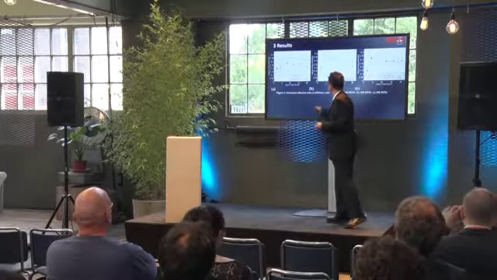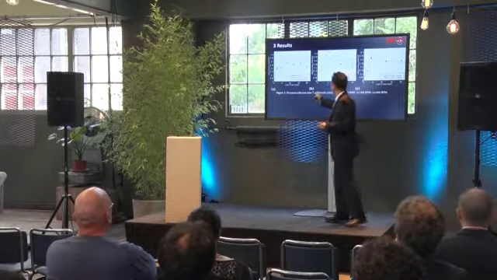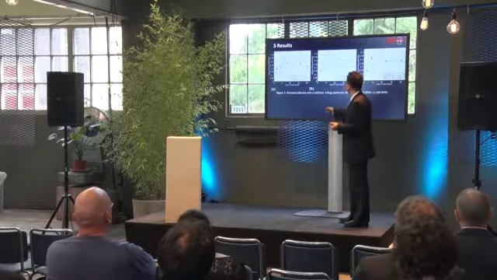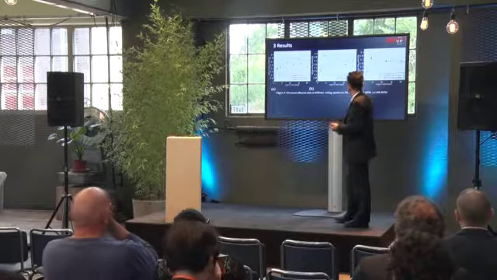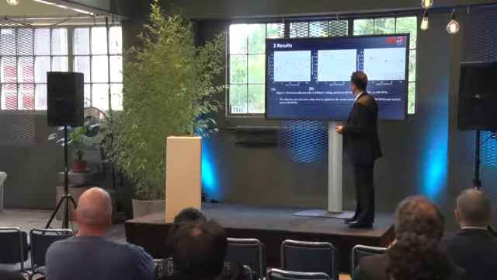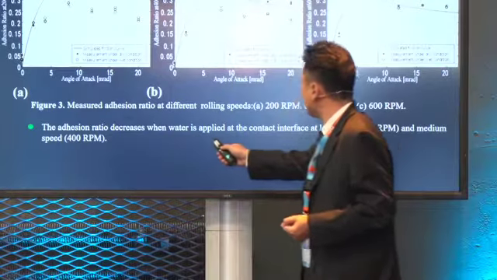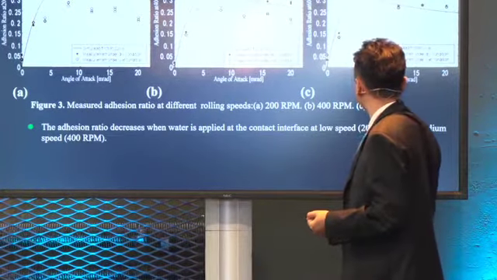And this result is the measurement under wet and dry conditions at different rolling speeds: 200, 400, and 600. We can notice that the adhesion ratio decreases when water is applied at the contacting phase at low speed.